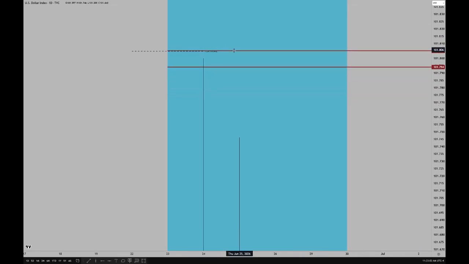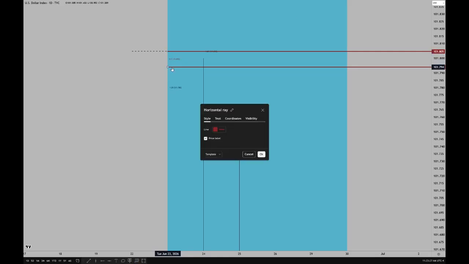Now, okay, so now if we have a fib anchored to this 80 and a half down to 79 and a half, make sure it's showing on the numbers. Okay.